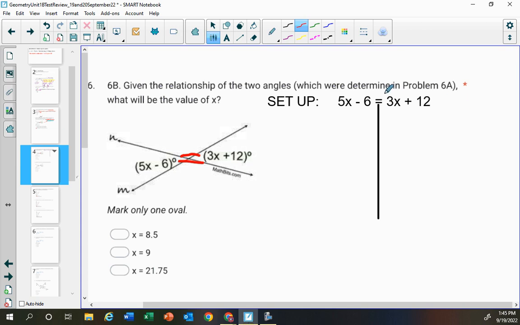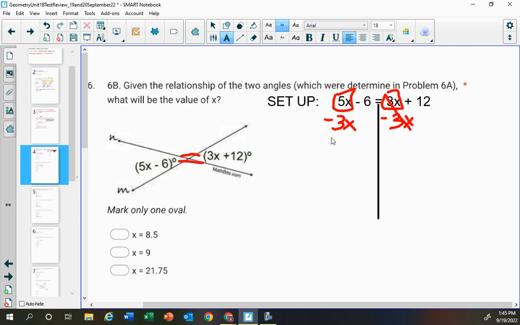Yep, your x's are on opposite sides, so you want to move the smaller x. Think about it like boxes. You'd rather move 3 boxes than 5, right? So opposite side: 3x, opposite is negative 3x. So I have 5x minus 3x. How many x's are left? In this case, it will be 2x.